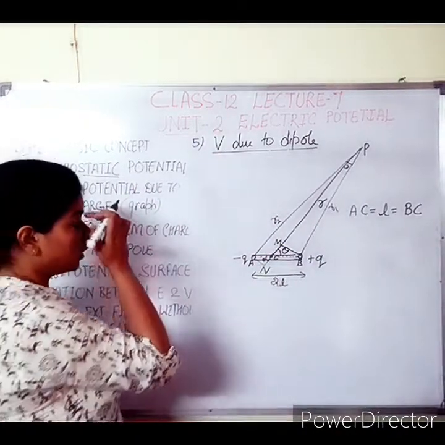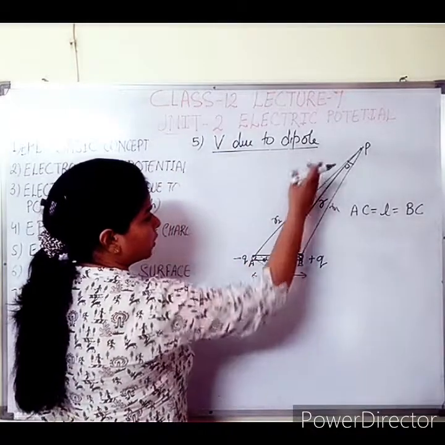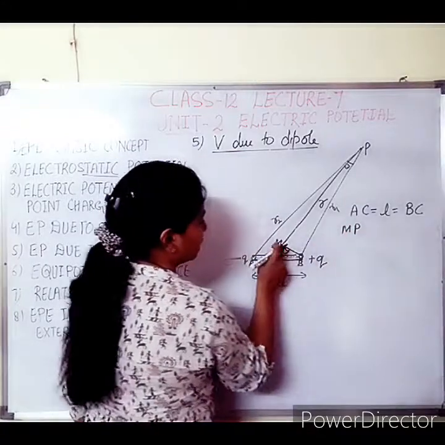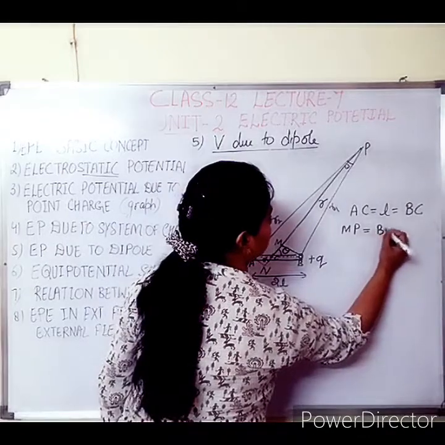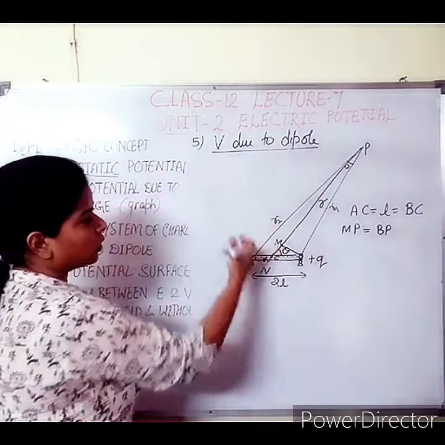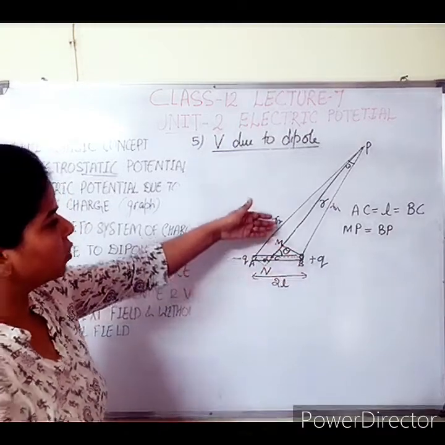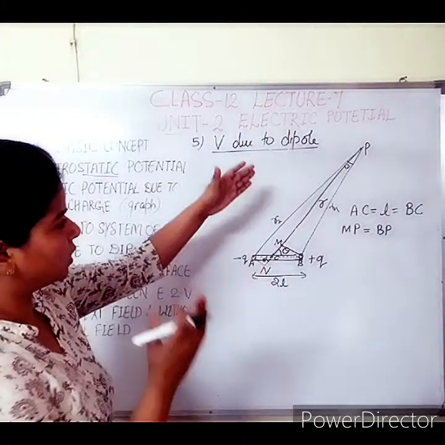Okay, so here this is theta, and if the point is very far, then MP is equal to BP. We have drawn this perpendicular line just to equalize these two sides, these two distances.